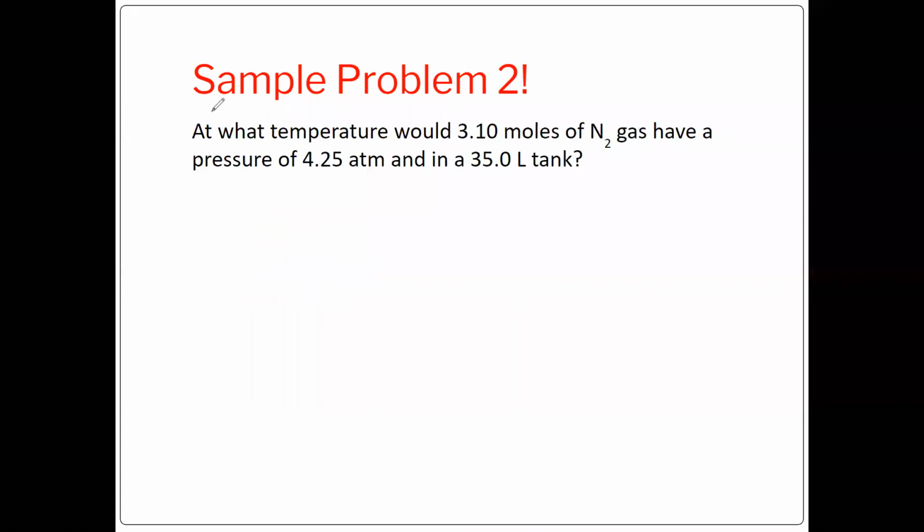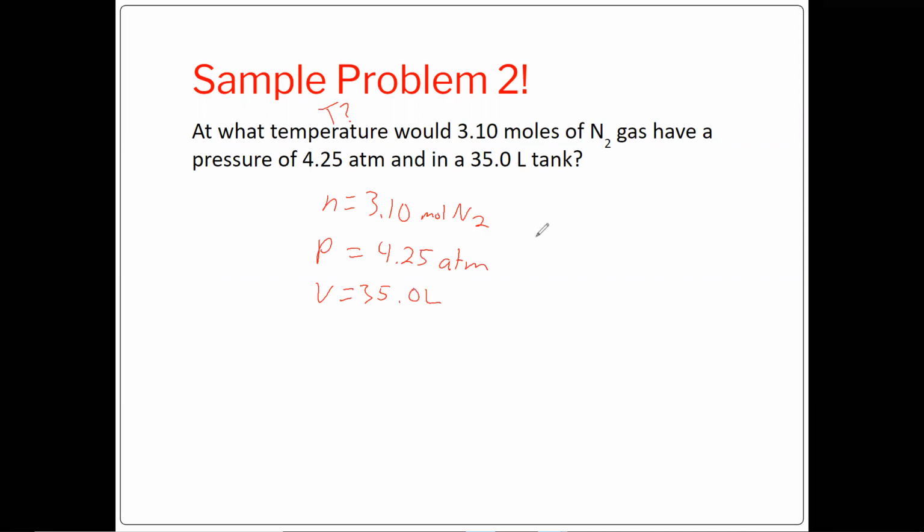Practice problem number 2. At what temperature would 3.10 moles of nitrogen have a pressure of 4.25 atmospheres in a 35.0 liter tank? So if it's asking about temperature, temperature is going to be the unknown.